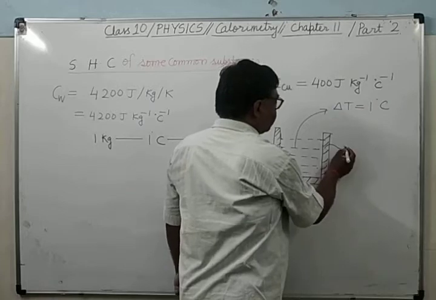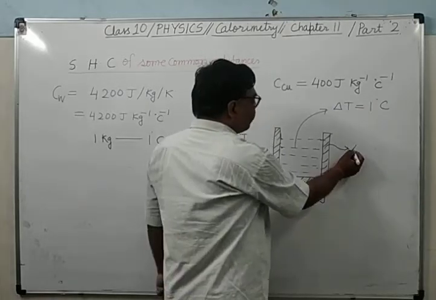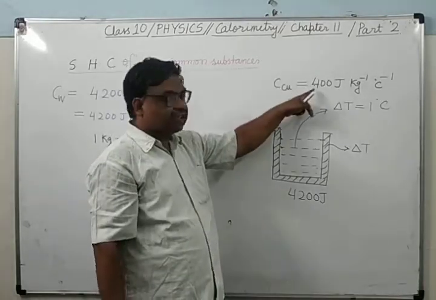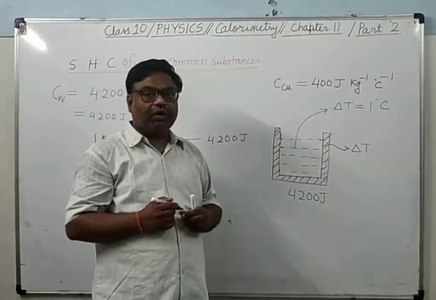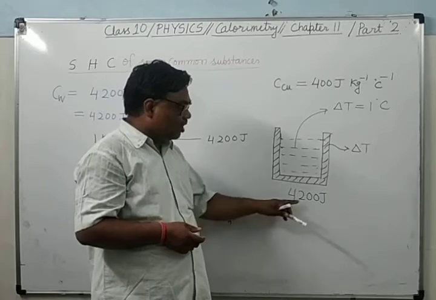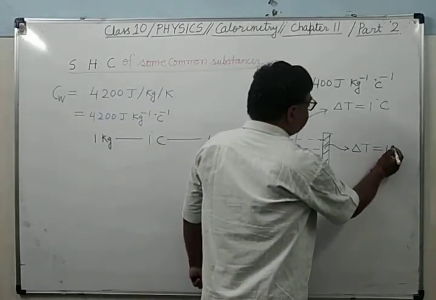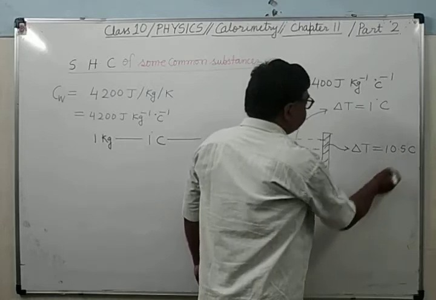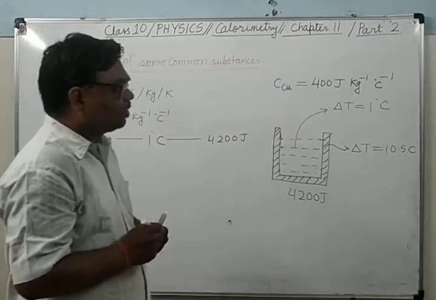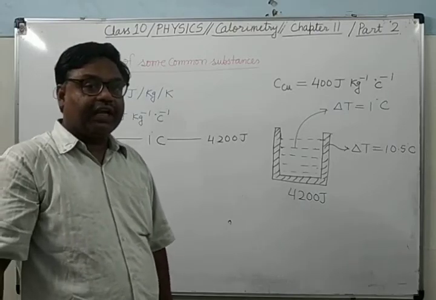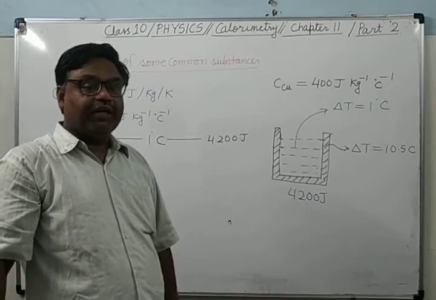But what will happen to the copper? For 1 degree Celsius it requires 400 joule of heat energy, so 4200 joule is nearly 10.5 times that. So its temperature will increase by 10.5 degrees Celsius. Both will be heated unequally.